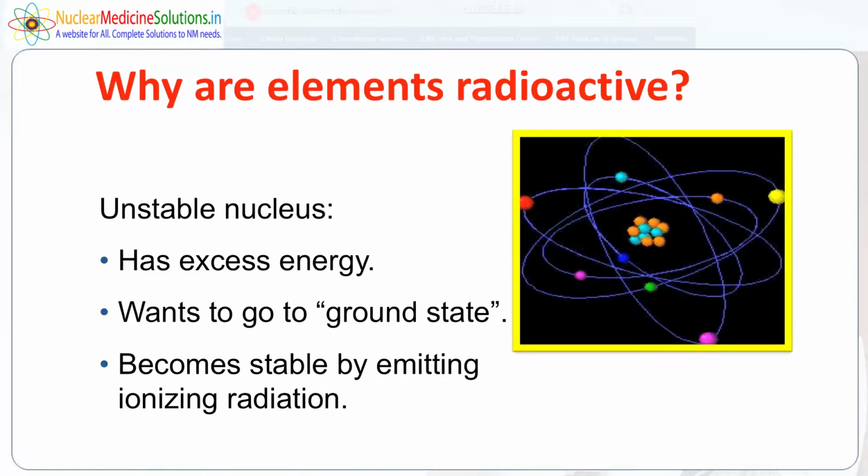So this unstable nucleus, which has excess energy, would like to come to a ground state, and thus when it comes to ground state, it emits different kinds of radiations. The radiations emitted while coming from an unstable state to a ground state are ionizing radiations.